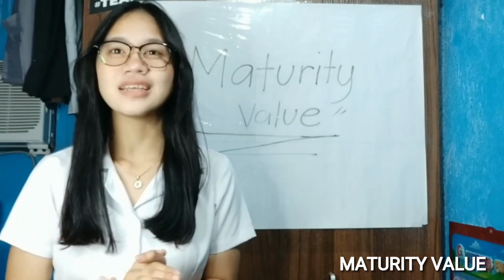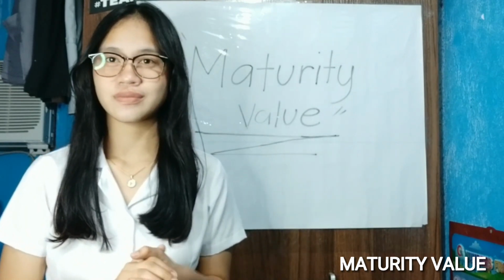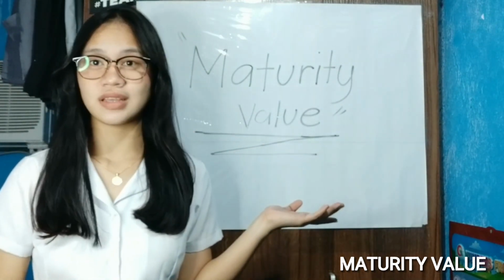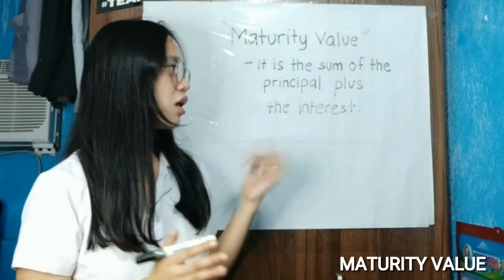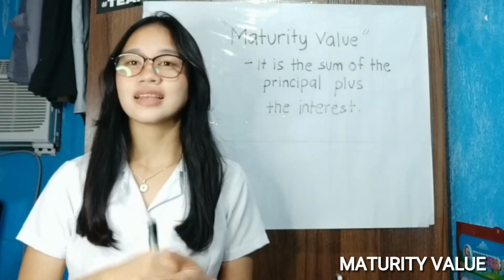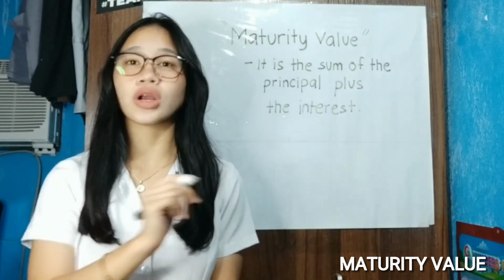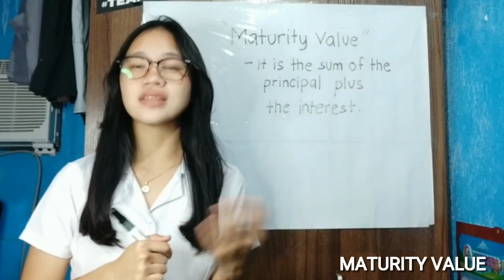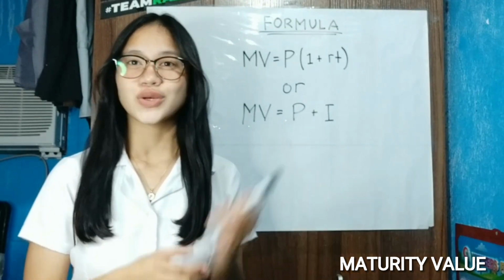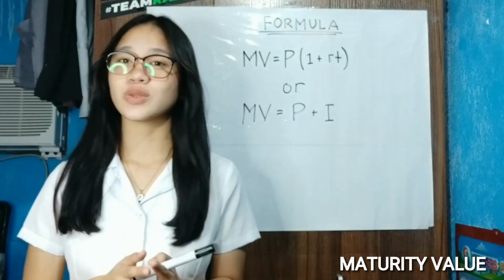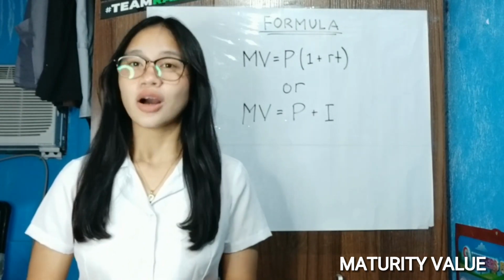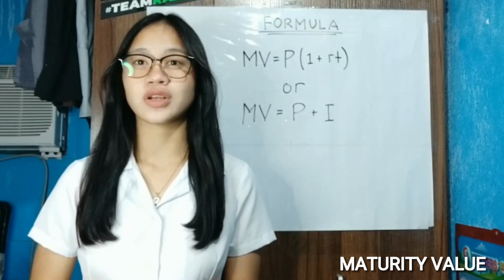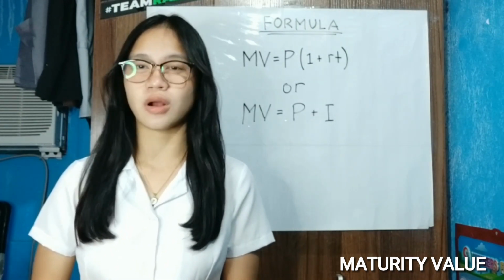And now, let's talk about maturity value. So what does maturity value mean? It simply means the sum of the principal plus the interest. That is the maturity value or the final value of the given simple interest. So here are the possible formulas that we can use in order for us to solve for the maturity value of the given problem.